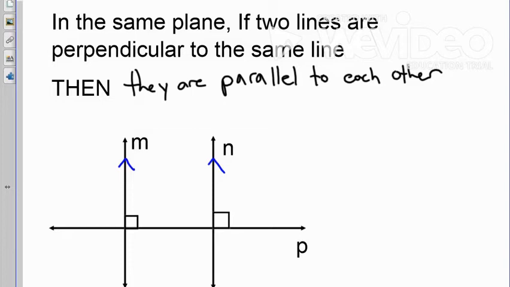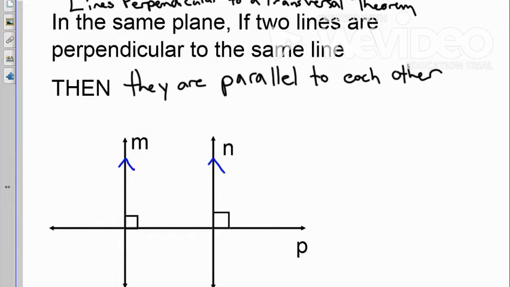So this one is called the lines perpendicular to a transversal theorem.